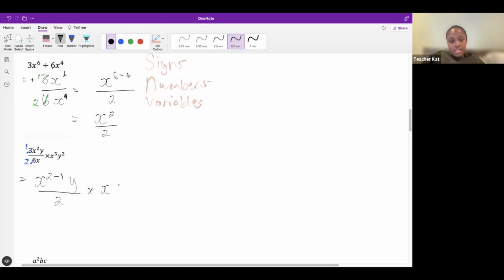Now I'm going to rewrite everything else because that's what you guys should do as well. Avoid putting questions in different sections and then putting them together. Okay, so this now is x, y, because 2 minus 1 is 1, over 2 times x cubed y squared.